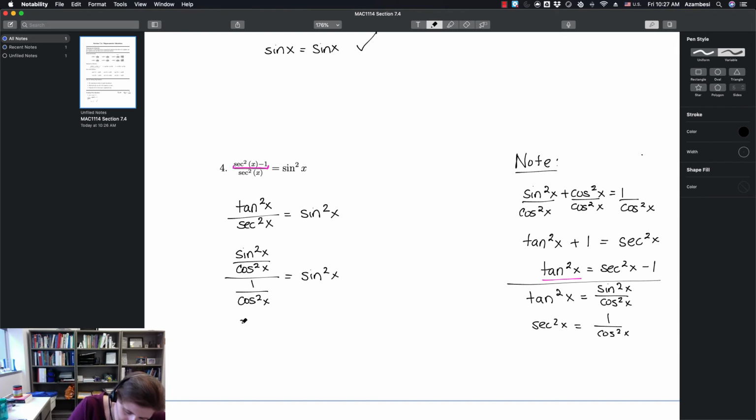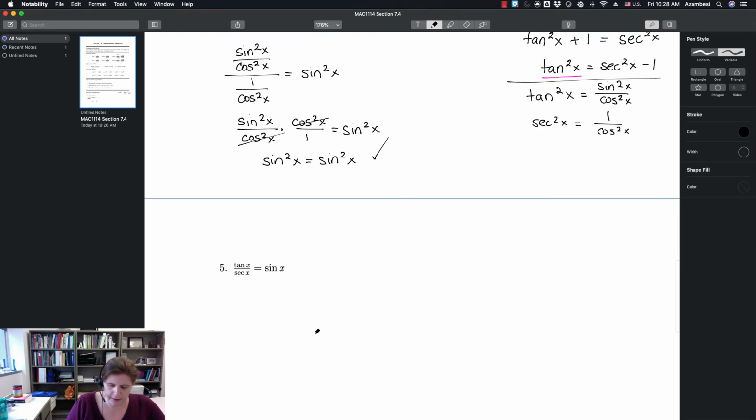So sine squared x divided by cosine squared x times cosine squared x over 1 is equal to sine squared x. Cosines cancel, and we have success. Check.